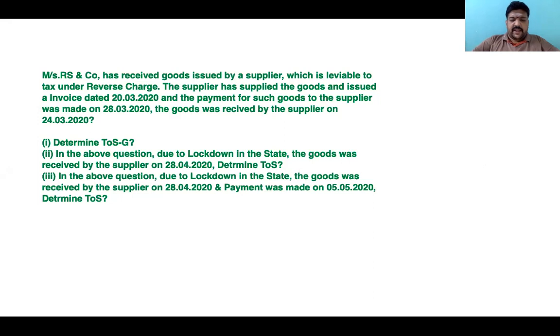So the next day, 19/4/2020, is in my view going to be your time of supply. Some of you are getting 24, some of you are getting 21/4. A lot of you are getting 19/4, but just be clear there.